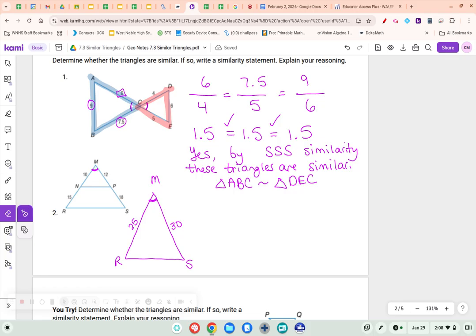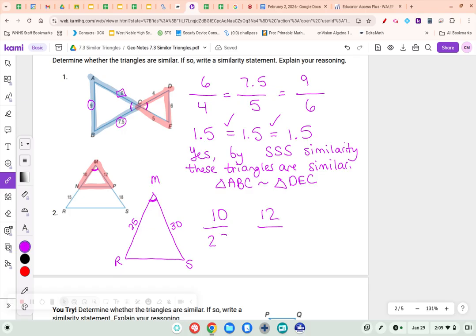So now we can set up proportions here. So even though we only have two sides, we can do the same thing. Within the smaller triangle, we can order the numbers from smallest to biggest, and in the bigger triangle we can do the same thing. Now we've discussed our three options for checking if these are proportional.